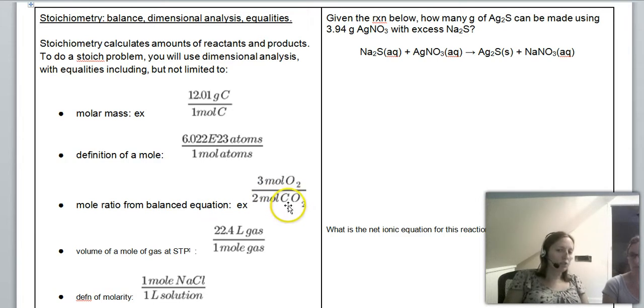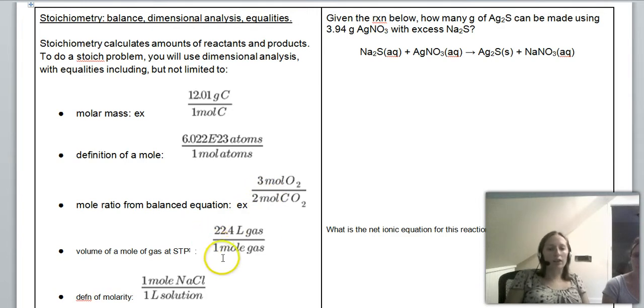If you have not yet balanced your equation, you cannot make this, because the 3 and the 2 are the coefficients from the balanced equation. So typically, you have to make sure that either they gave you a balanced equation, or you took the equation and balanced it, or I gave you the thing in words and you have to write the equation and balance the equation and do the stoichiometry, and that's when I'm feeling mean.